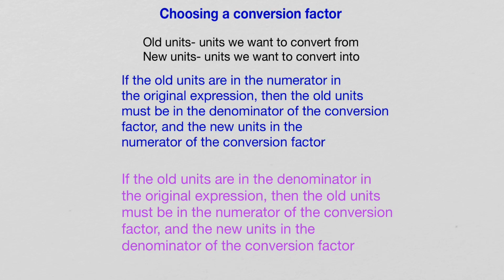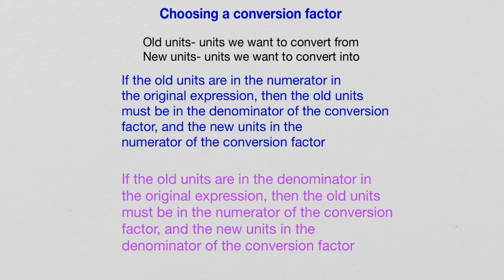So here are the basic rules of how to create and use the conversion factor when we're converting between old and new units. If the old units are in the numerator in the original expression, then the old units must be in the denominator of the conversion factor, and the new units in the numerator of the conversion factor.